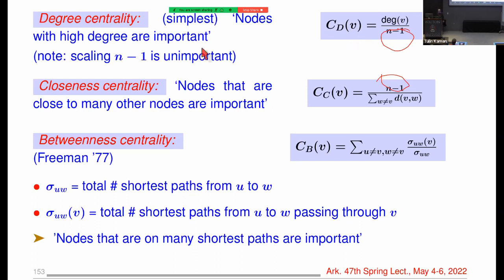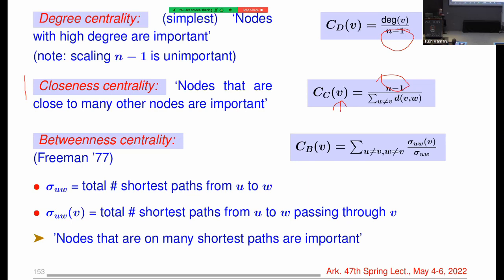The closeness centrality is the following one. It's the inverse of the sum of the distances between V and W. So you're looking at the centrality at V, and it's given by taking all the paths from V to all the nodes.